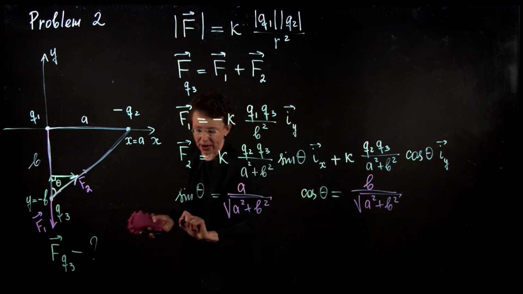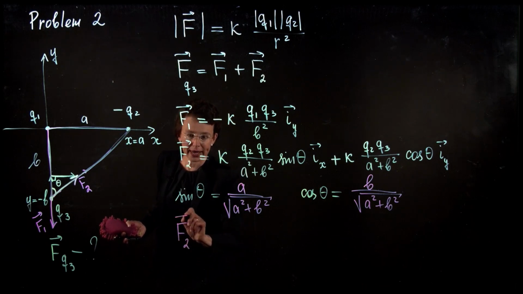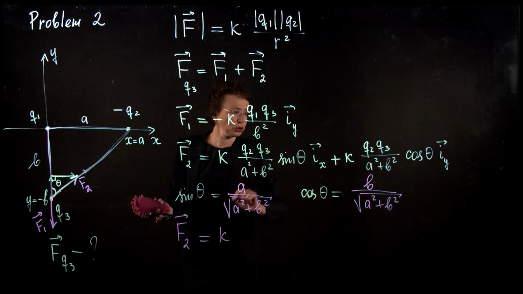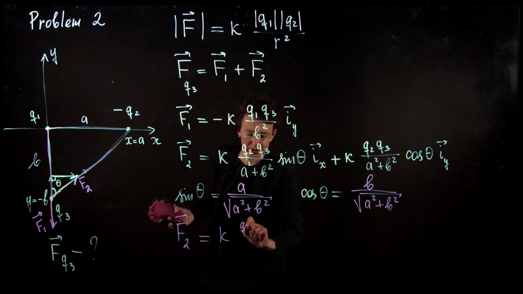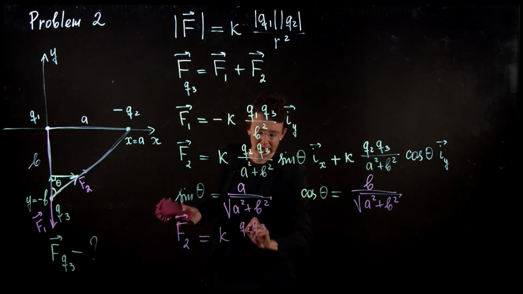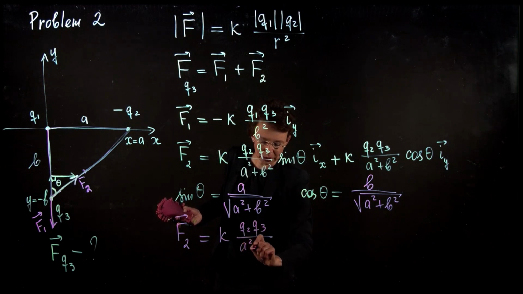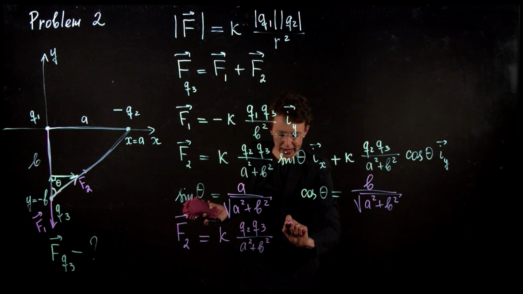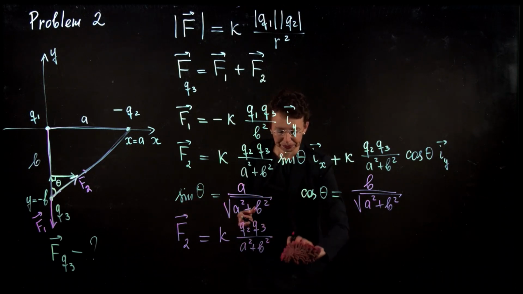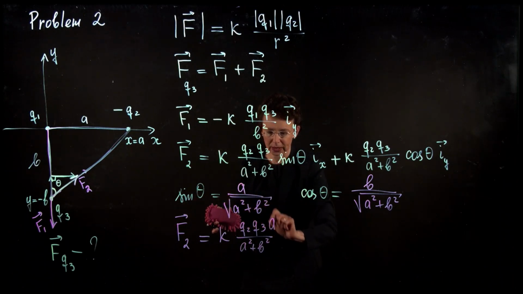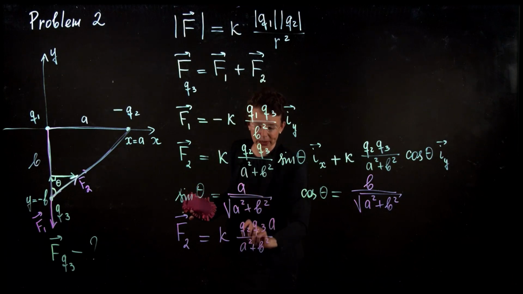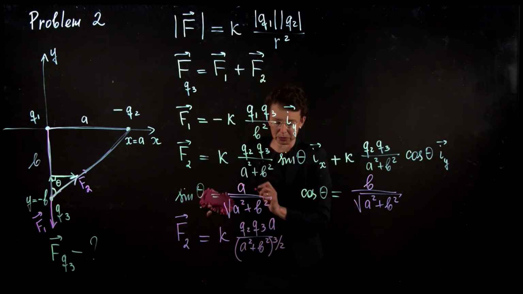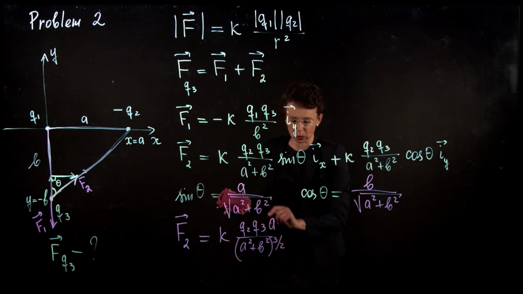So what is my final expression for F2? F2 is equal to k, q2, q3, divided by a squared plus b squared, times sine theta, which is a, and then the square root of a squared plus b squared will give me a squared plus b squared to the 3/2, 1 plus 1/2.